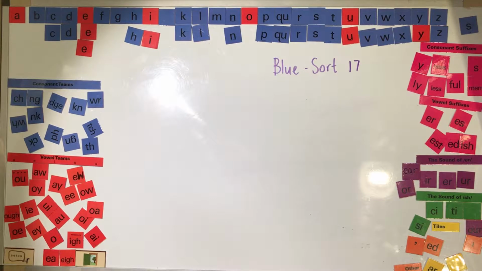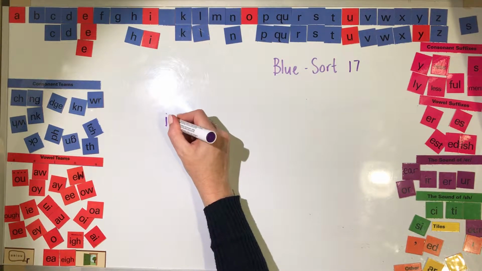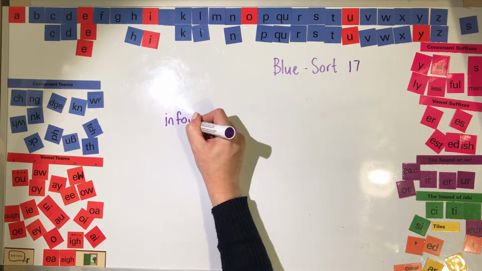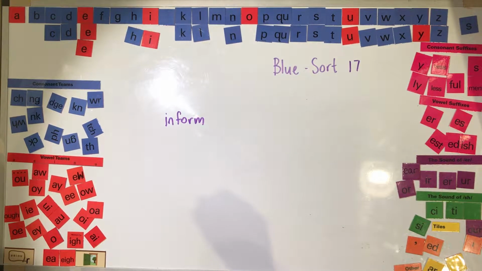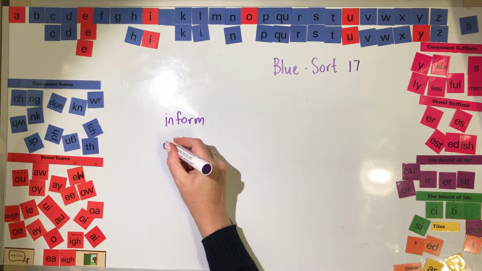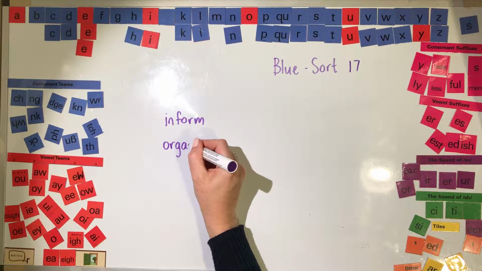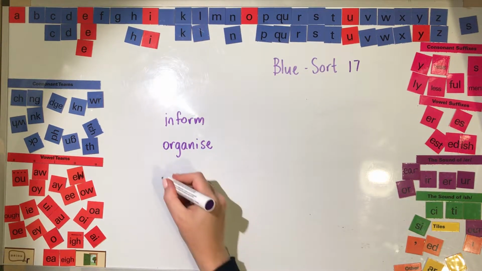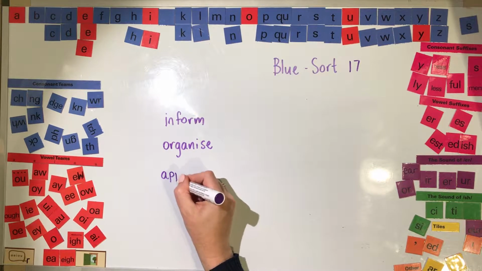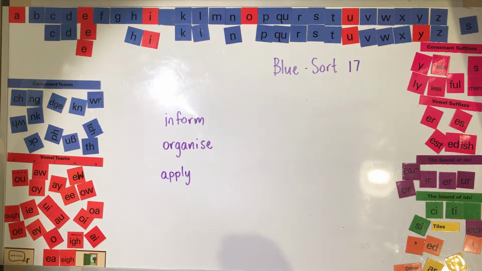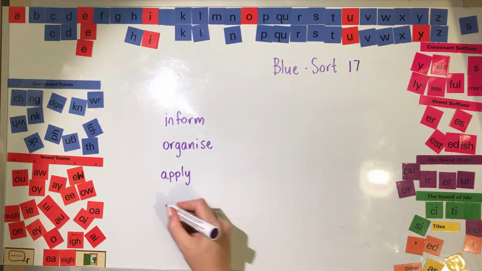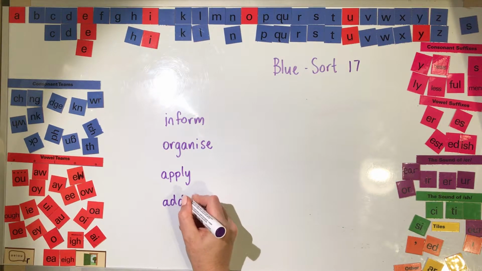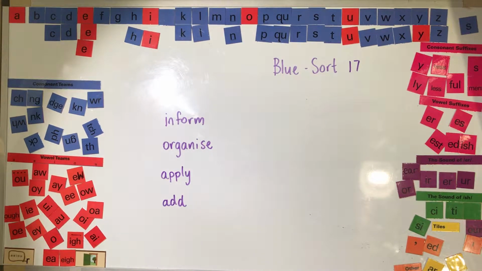The base word is inform, and then we've got organize, and we've got apply, and we've got add. Okay, so these are going to be your 4 columns in your, well, 1 word from each of the columns in your word sort. So you can take notes on this now.